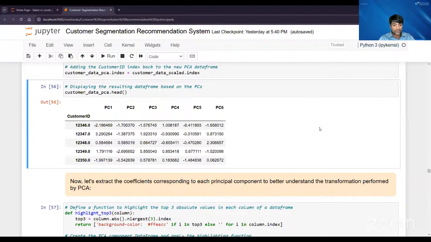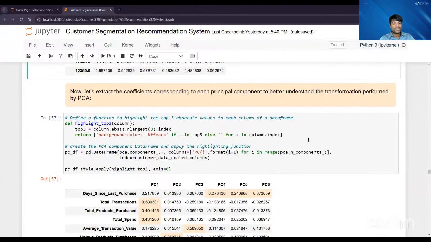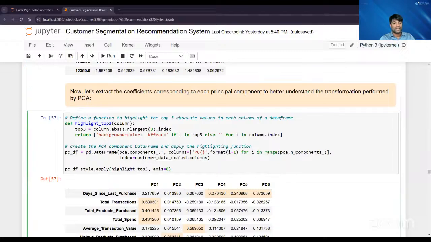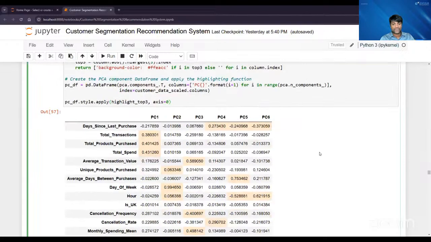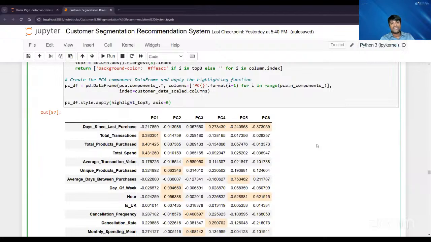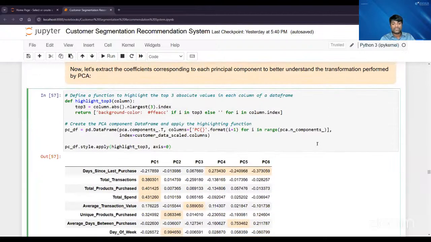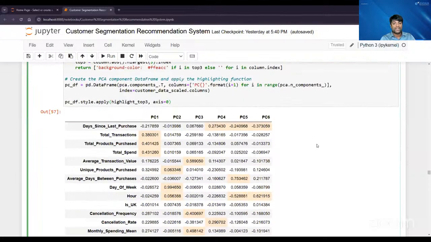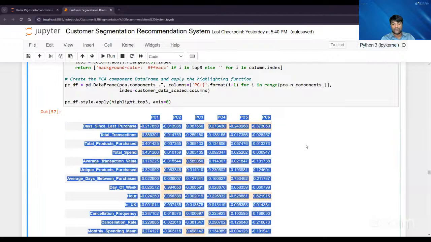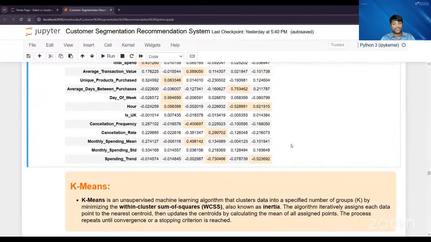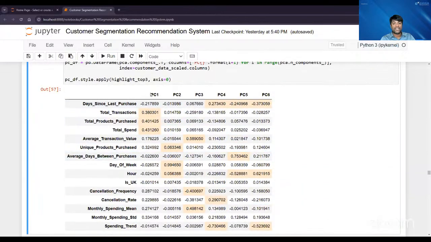Now let us define the functions and highlight the top three which contribute most in each column. Here you can see that certain elements have been highlighted.